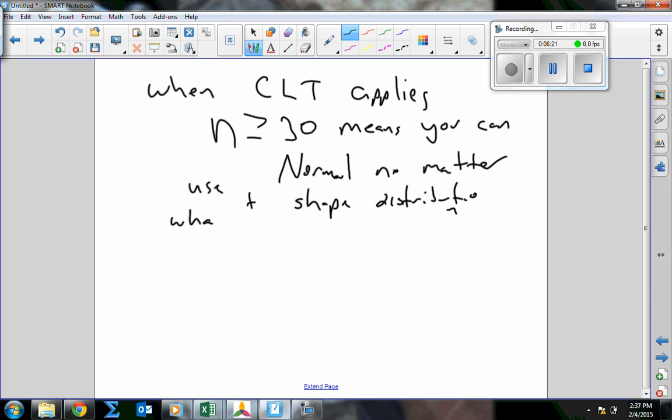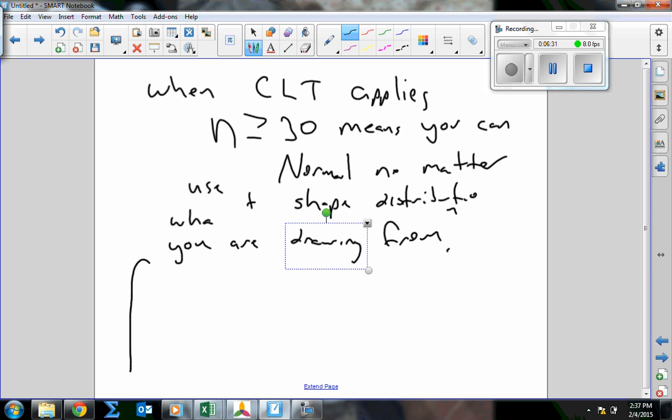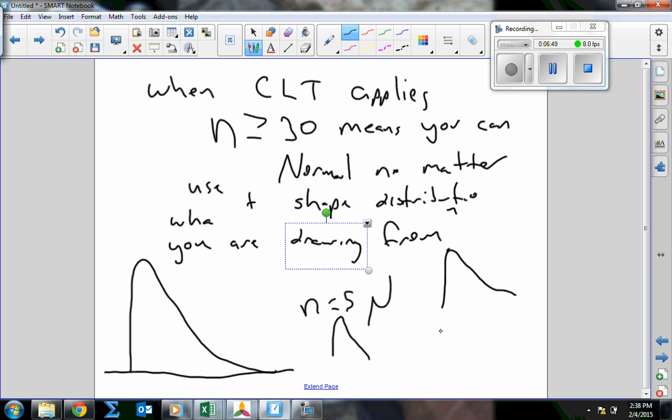So if my population distribution looks like this, and I'm only sampling 5, then that distribution is going to resemble that, and so normal would be inappropriate. But if my population distribution looks like that, and instead I sample 50, then that is going to look like that. So it's okay to use the normal.